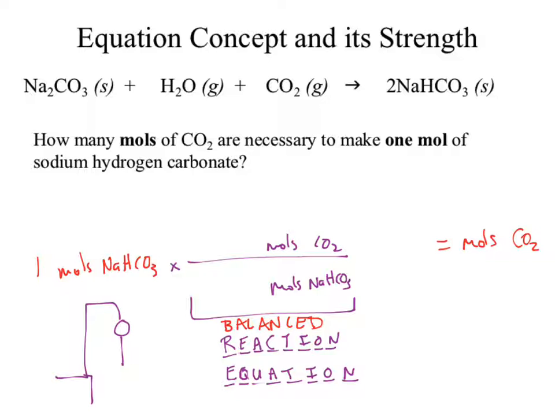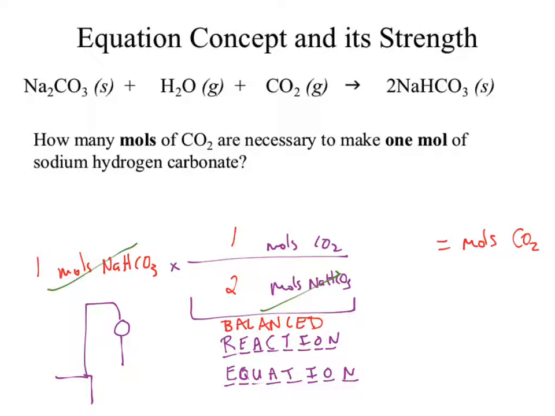So we go back to the context of our question, and we're given an equation up top, and it was balanced for us. How do we know what numbers to include? Well, what number shows up in front of sodium hydrogen carbonate? 2. What number shows up in front of CO2 in the equation? 1. What happens to our units?